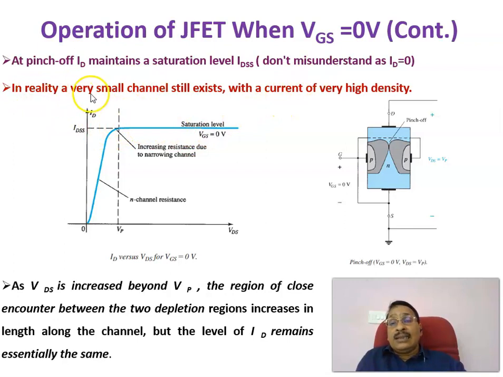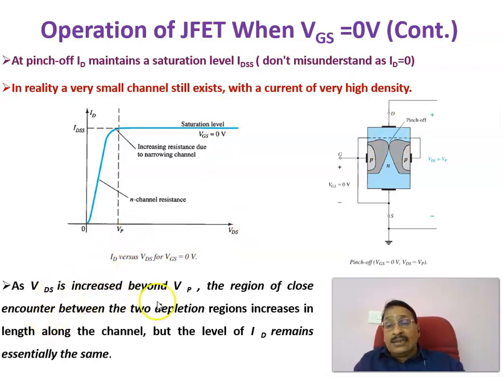Therefore, in reality, a very small channel exists with a very high value of current density. Even though a very small channel exists, VDS is going more than the pinch off voltage.